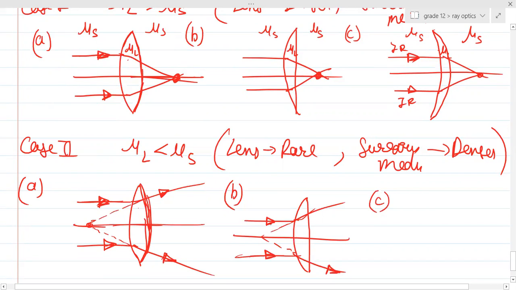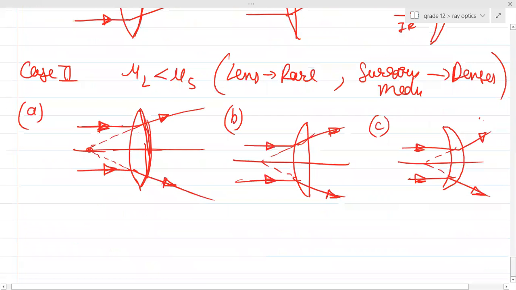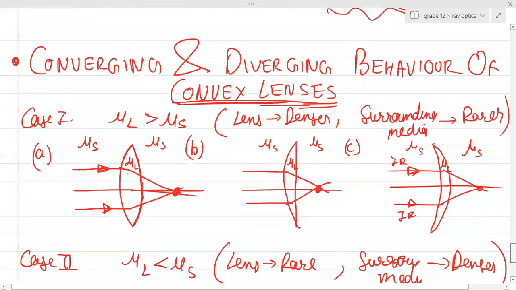Otherwise, it will be technically wrong. Is it clear? And the last one as well. Is it clear, guys? Any doubt?